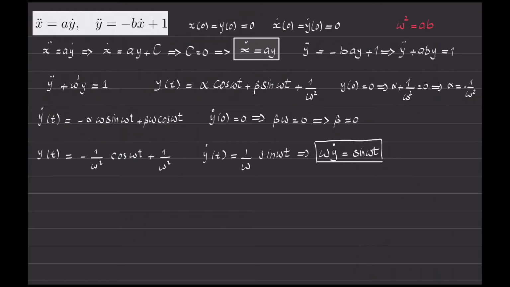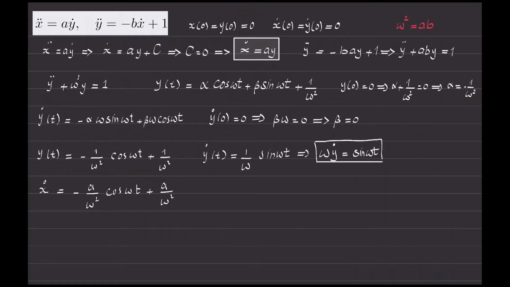So this is one relation that I will need soon. And then what I'm supposed to do now, I want to find x dot. Yes, x dot can be calculated using this relation. Just multiply your y by a, you will find x dot. So x dot becomes minus a over omega squared cosine omega t plus a over omega squared.